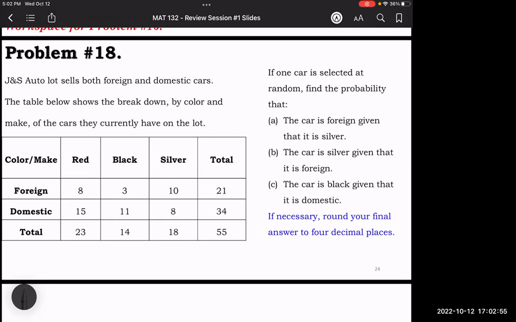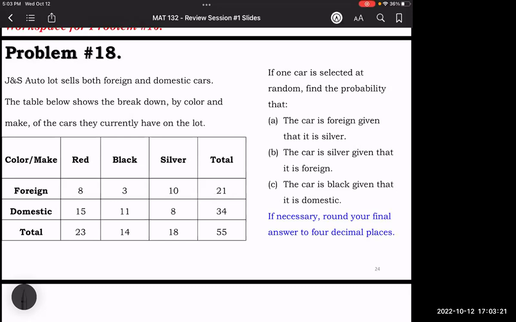Okay, so same problem, same data set. I didn't change any of the numbers. But now, there's key words here. It states that if one car is selected at random, find the probability that the car is foreign, given that it's silver. The car is silver, given that it's foreign. And the car is black, given that it's domestic.